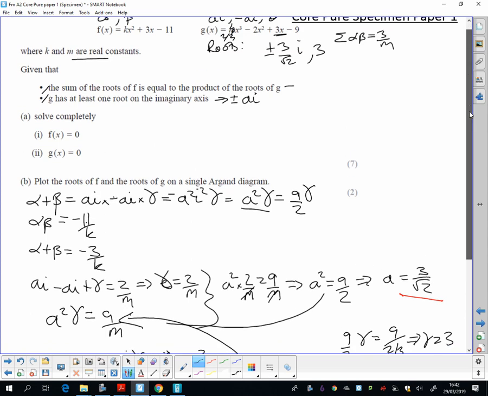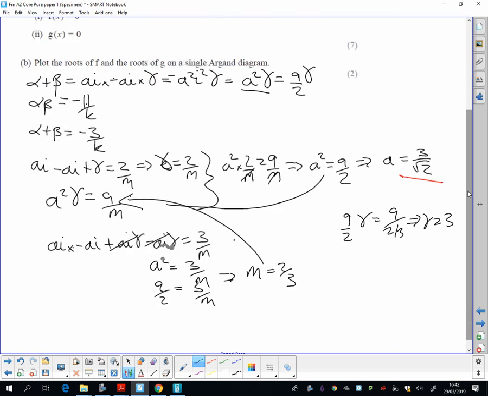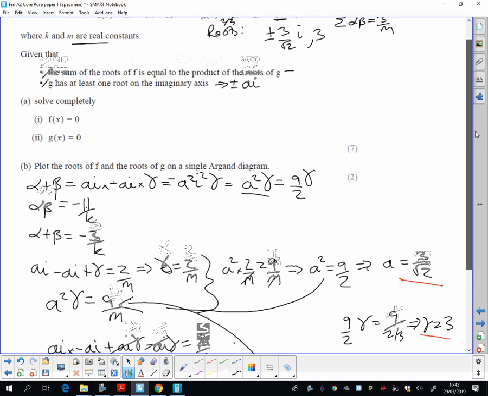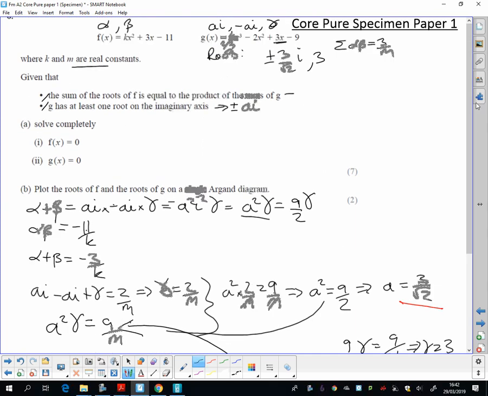Once I've got all the roots of that equation, we can go back and start getting the roots of our other equation now, because we had these two statements at the start. So now we know alpha plus beta is 9/2 times gamma. So that's 9/2 times 3, which is now 27/2.